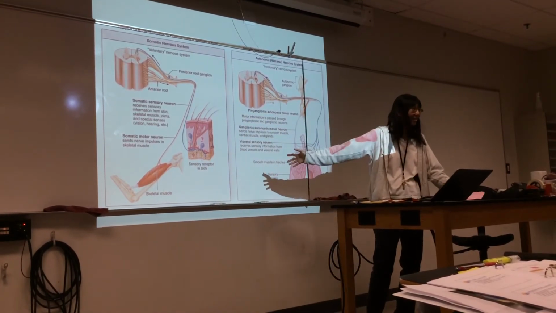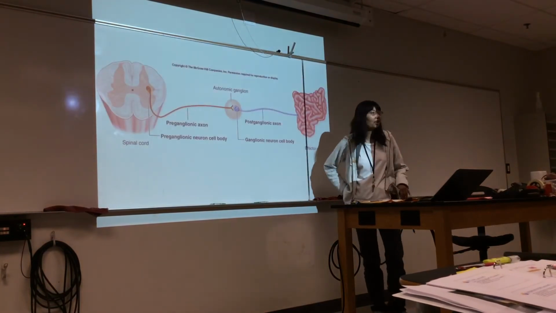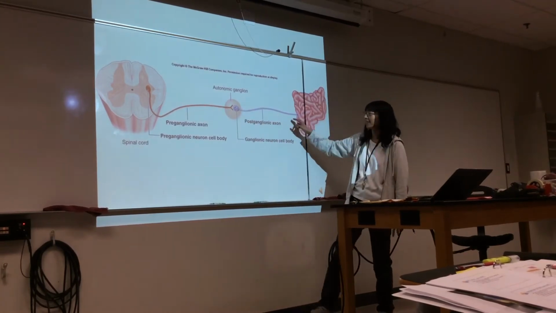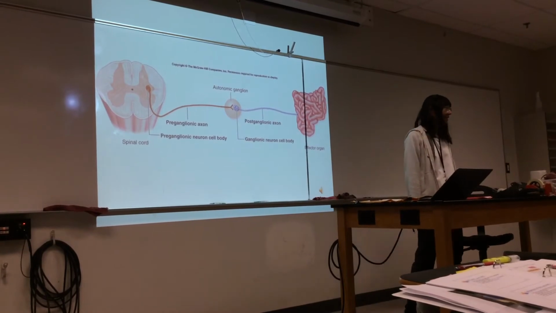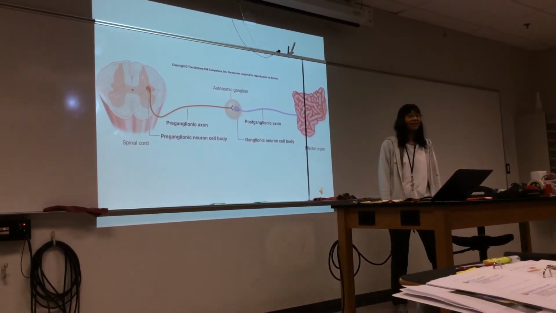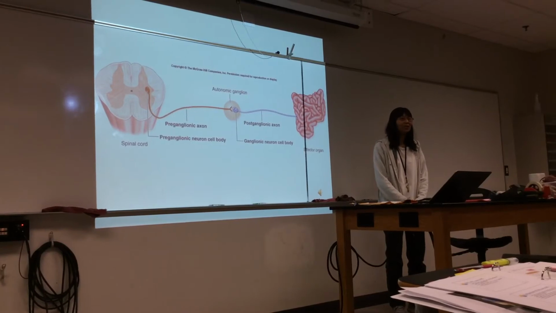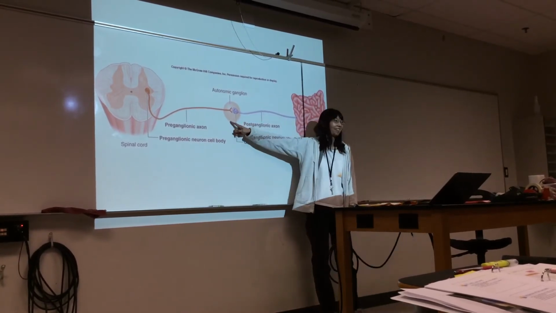It's right here, guys. Okay, so tell me, don't look at the label, just look at the picture. Is that autonomic or is that somatic? Autonomic. Why? What gives it away? There's a ganglion.